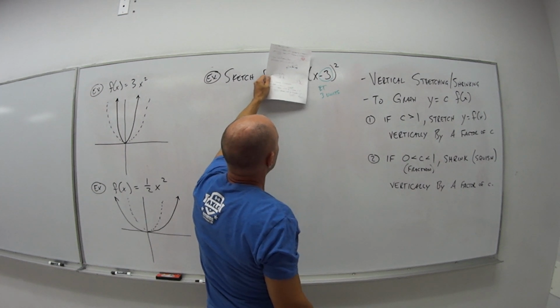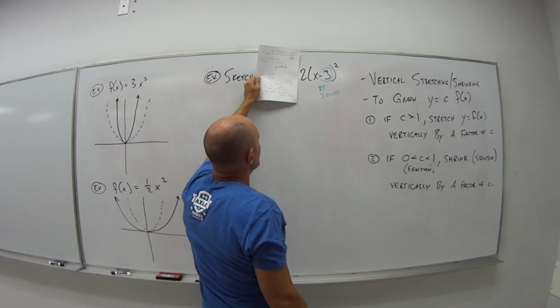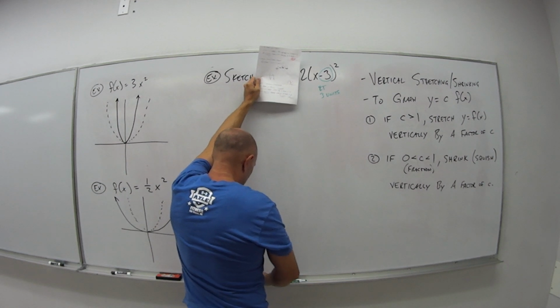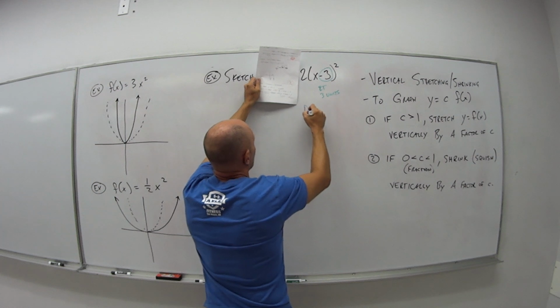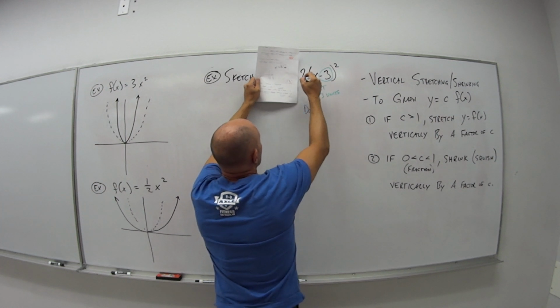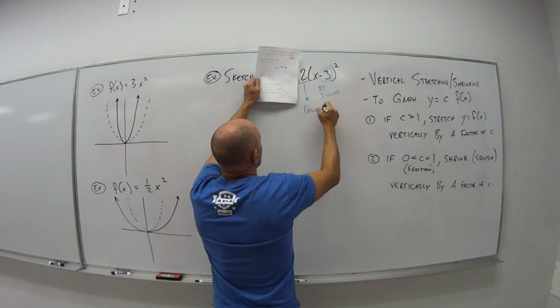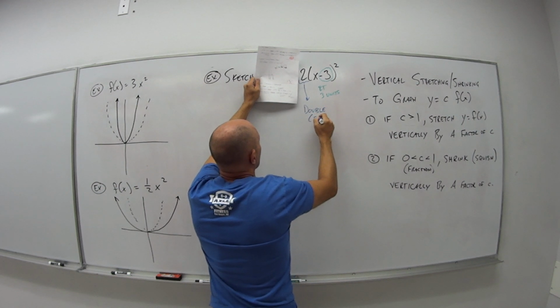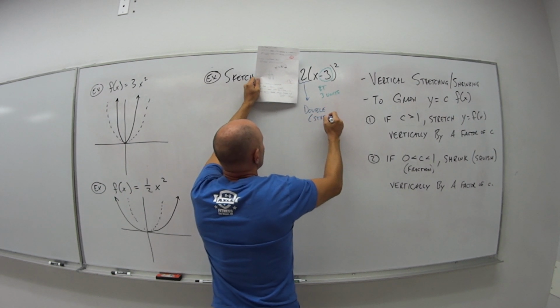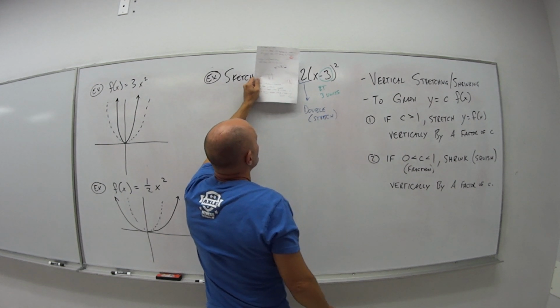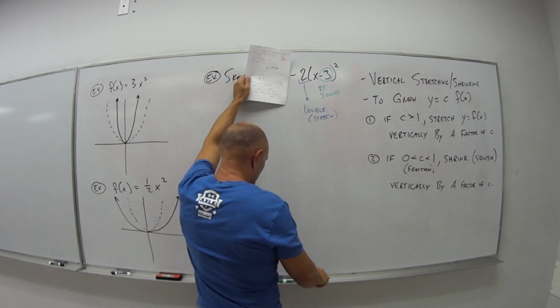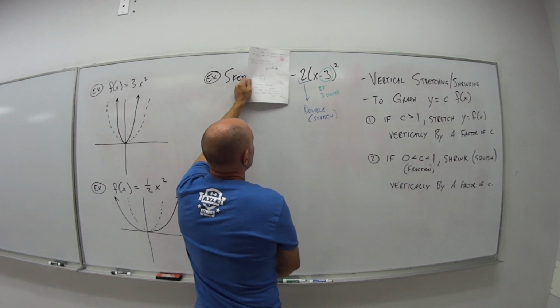If I start moving away from here, oh, I hit a 2. So that means what? The 2 means I double it, or I'm going to stretch it. So it's going to be a little bit skinnier parabola. Uh-oh, minus sign. So that means what?